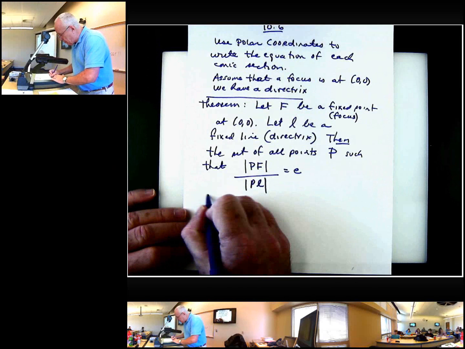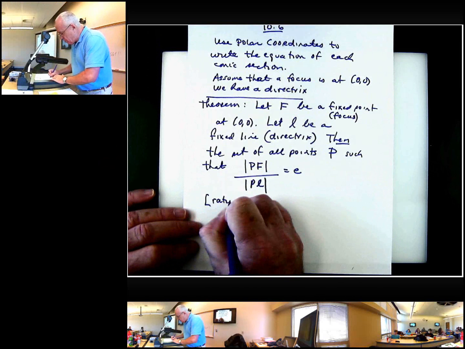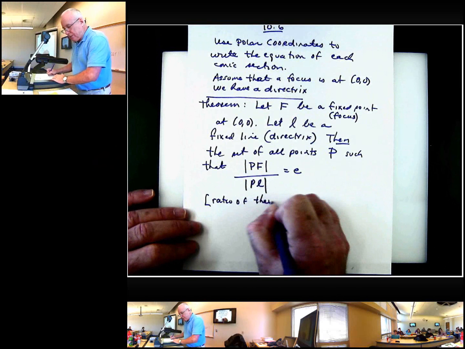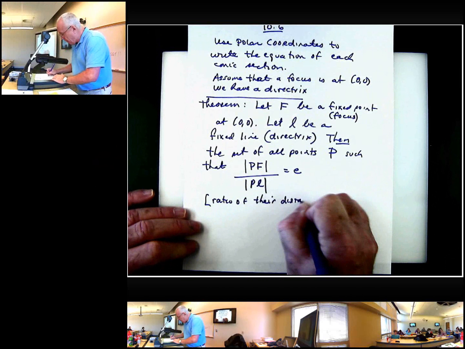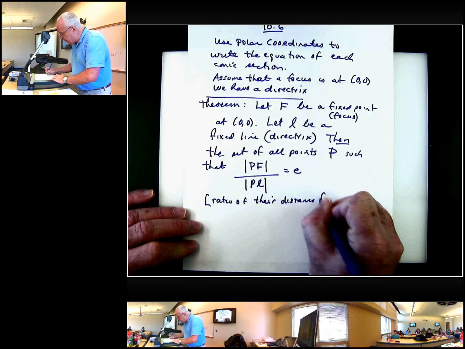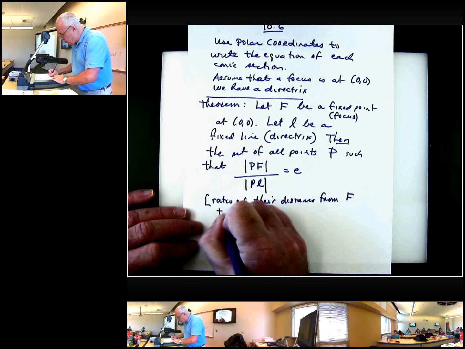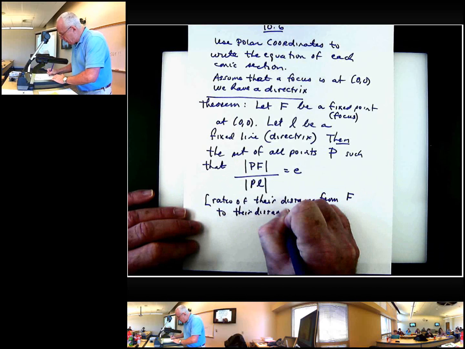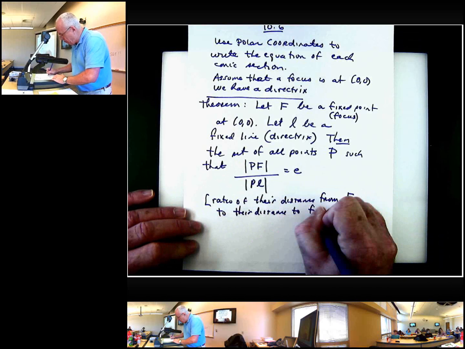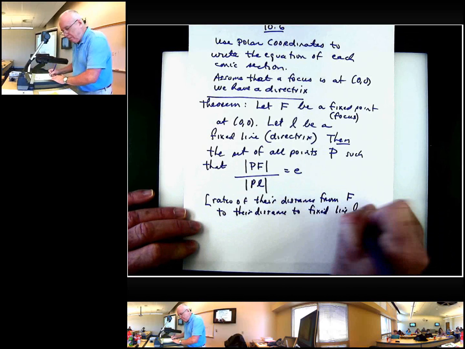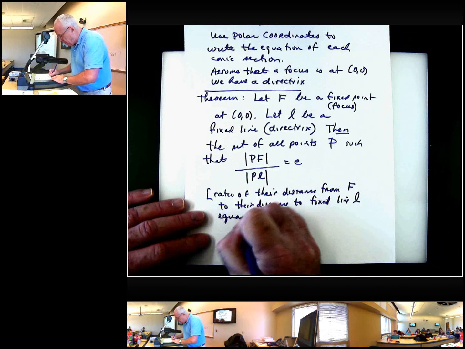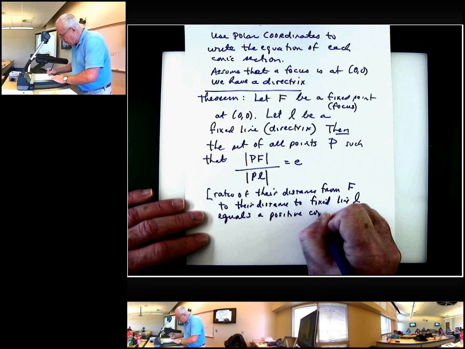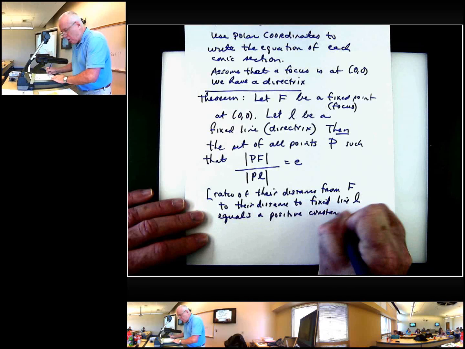So basically what we're saying is that the ratio of the point's distance from that fixed point F to its distance to the fixed line l equals a positive constant that we're calling little e.